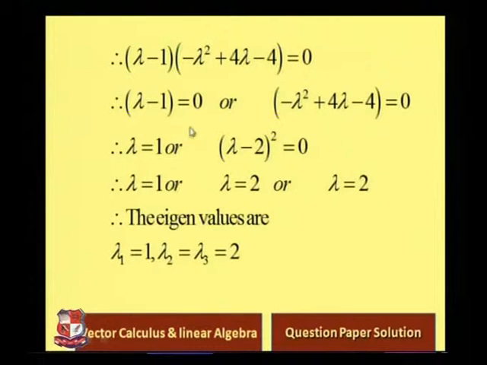So lambda minus 1 equal to 0 or lambda minus 2 whole square equal to 0. Therefore lambda equal to 1, and lambda equal to 2, or lambda equal to 2. That means our 3 eigenvalues are 1, 2, 2. So lambda 1 is 1, lambda 2 is 2, and lambda 3 is also 2.